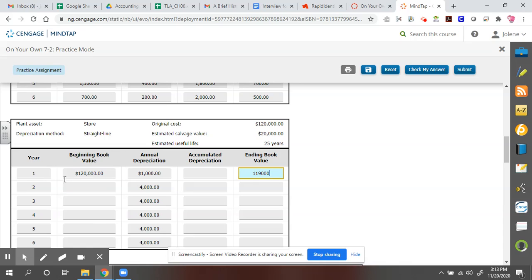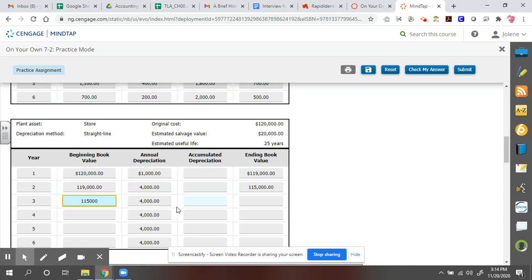Ending value is the next year's beginning value. This year, second year, we're going to take $4,000 off because this second year we got to use it from January to December. We're going to take 4,000 off. So that makes it 115. Ending value is next year's beginning value.